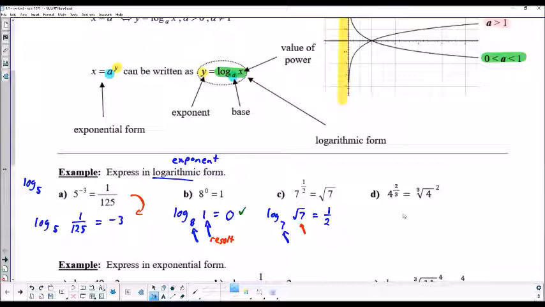Analyzing this next one, we know we have a logarithm, and the base is 4. The result is the cube root of 4 squared, and the exponent is 2/3. So what do I raise 4 to the power of to get the cube root of 4 squared? That would be 2/3.